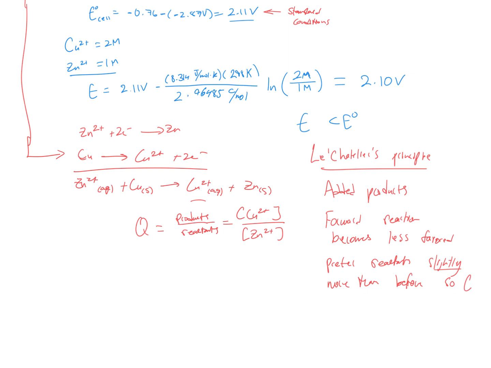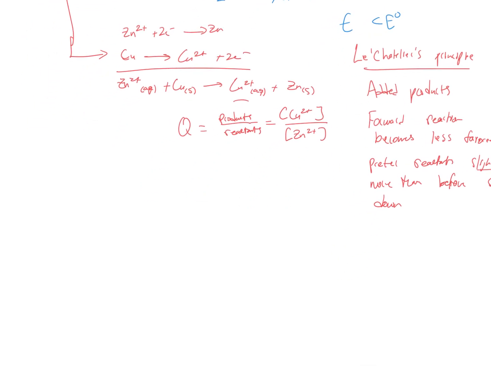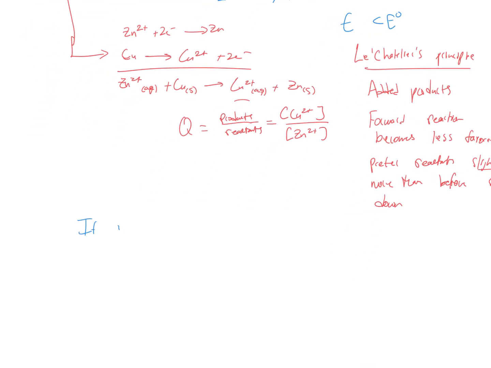So E goes down. And as a rule of thumb, and we should be able to predict this given the conditions, if your products are higher concentration, then E is going to be less than the standard reduction potential.